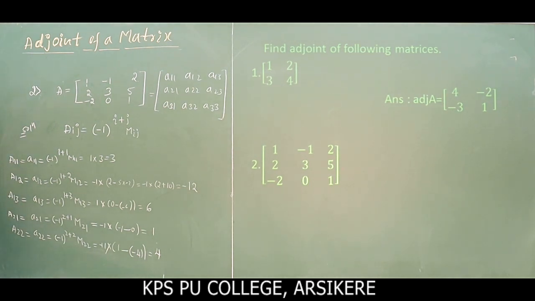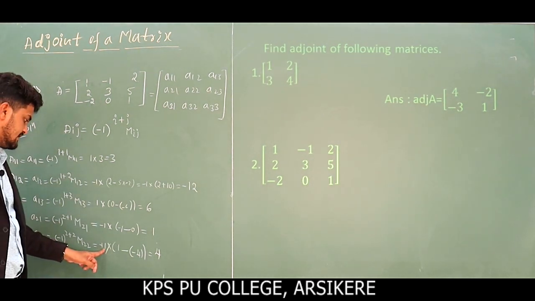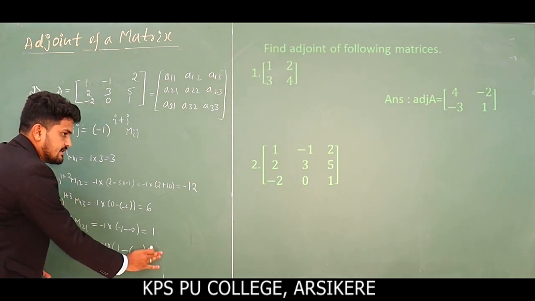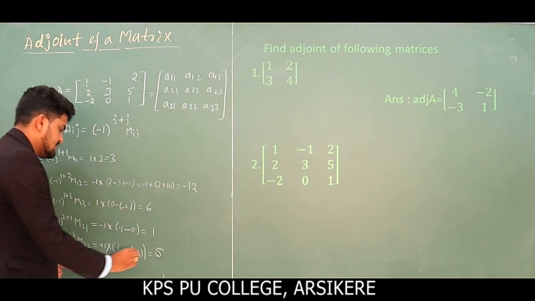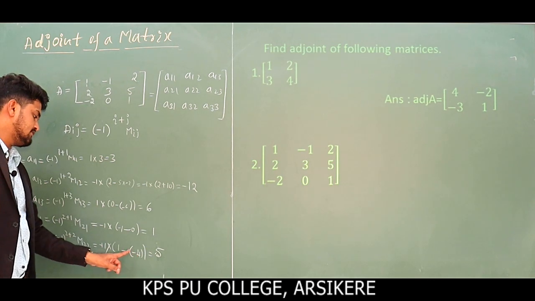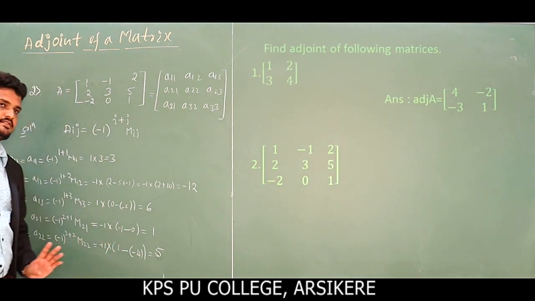Check it, plus 4. So plus 1 will become plus 5. So minus into minus plus, plus 4 plus 1, plus 5.